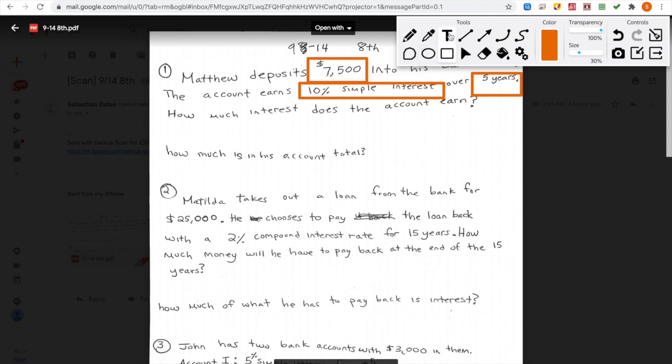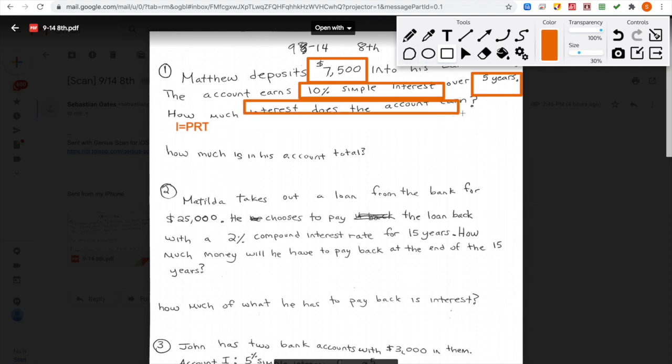So I'm going to go ahead and write the formula for simple interest on my paper, and that is how I'm showing work. The formula for simple interest is PRT, or the principal times the rate times the time. The last thing I'm going to do before I start solving is look at what the question is asking.